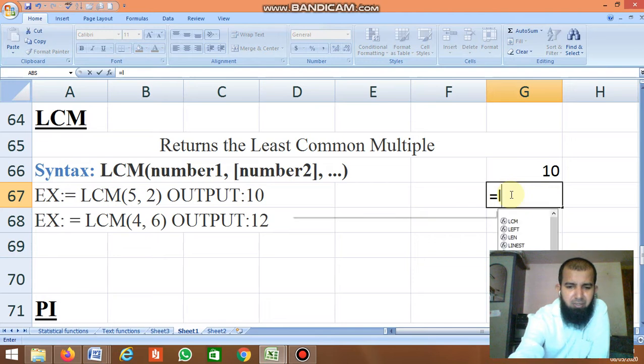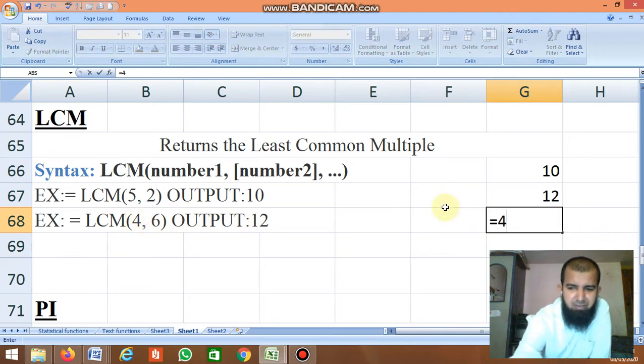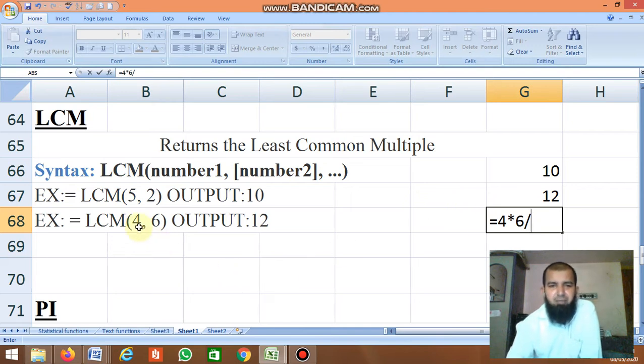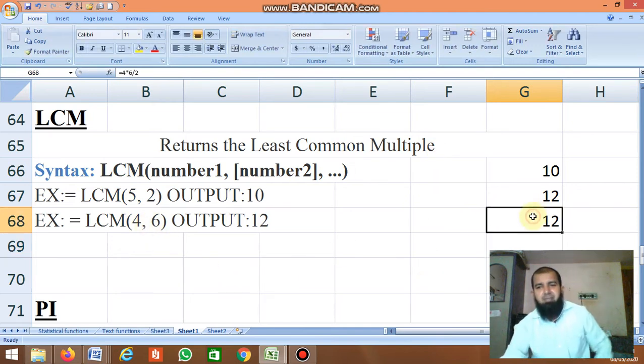Equal to LCM of 4 comma 6, you get 12. How to find LCM? You multiply 4 into 6, divided by GCD. The GCD of 4 and 6 is 2. You get the same answer. Multiply and divide with the GCD of the two numbers.